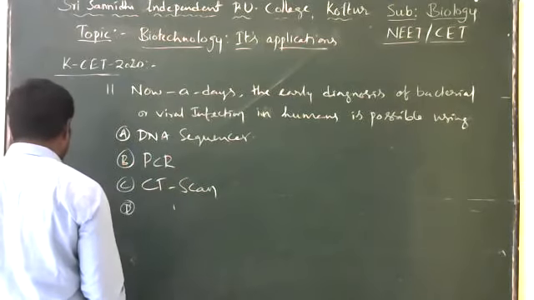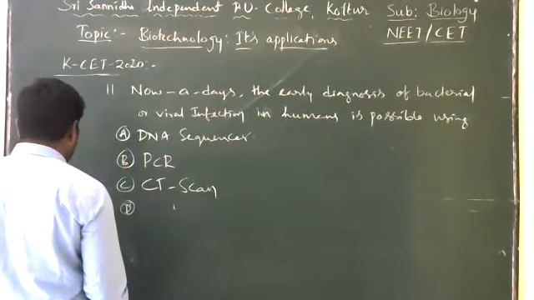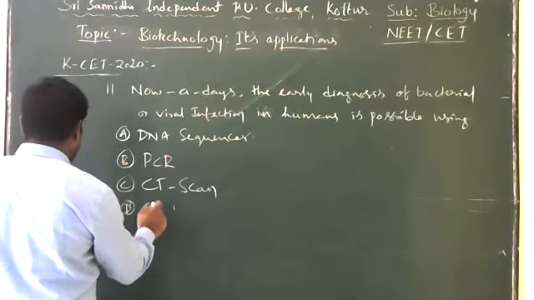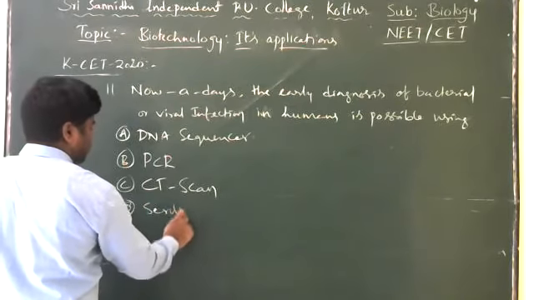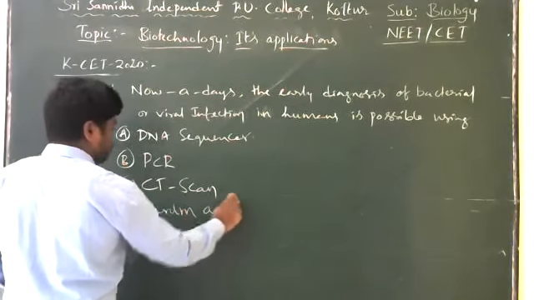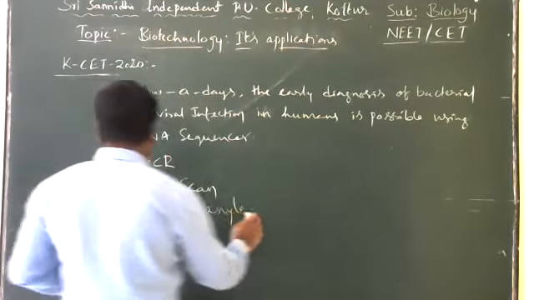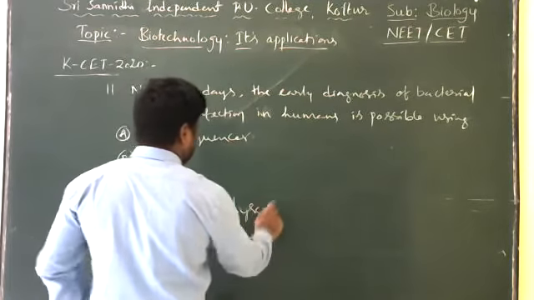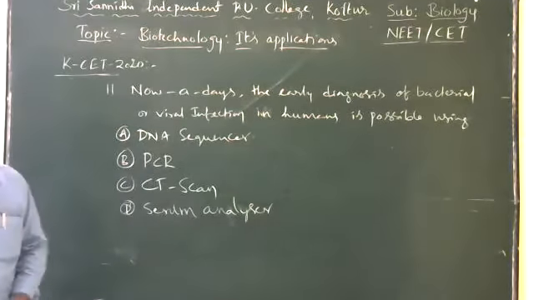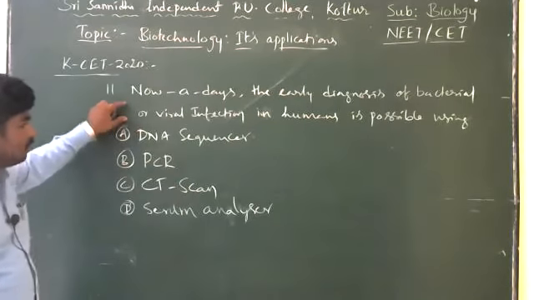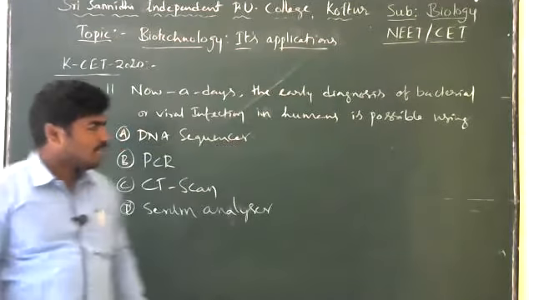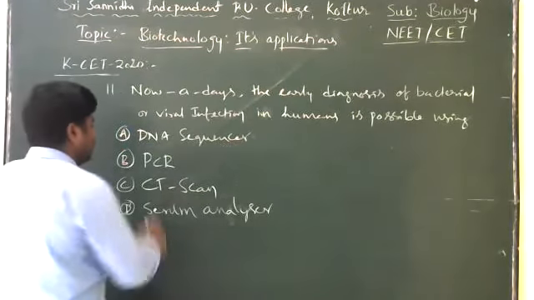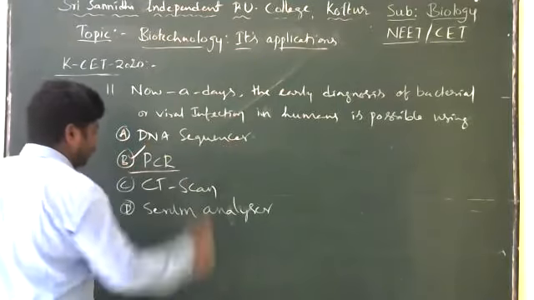Next, D, serum analyzer. So the given question is: nowadays the early diagnosis of bacterial or viral infections in humans is possible using. The answer is based on the technique PCR.